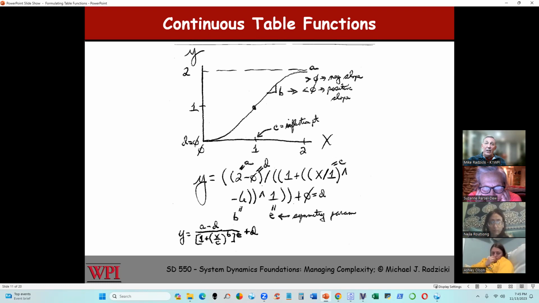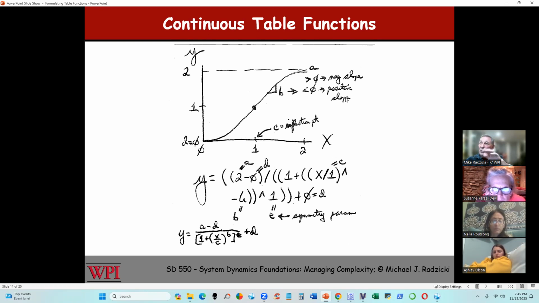But what's neat about it is A, B, C, D, E all have meaning for defining a table function. A is the maximum value. D is the minimum value. It doesn't have to be 0. I've drawn it here as 0. B determines whether or not it goes from southwest to northeast or vice versa. Oddly, if it's less than 0, it's a positive slope.